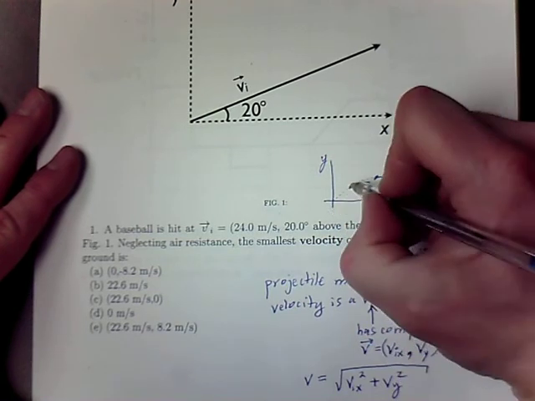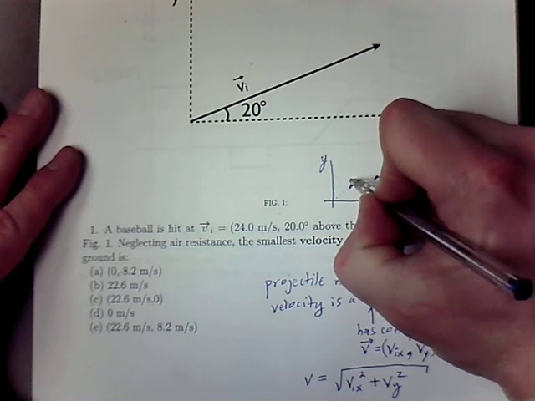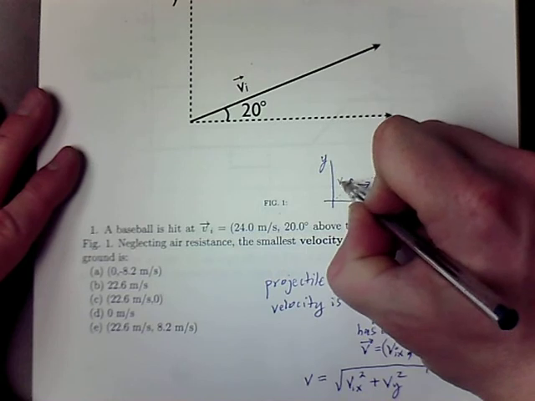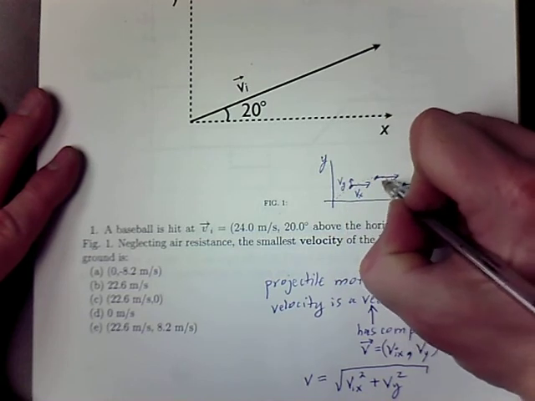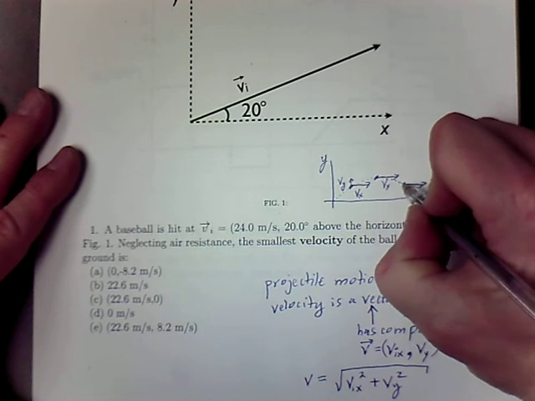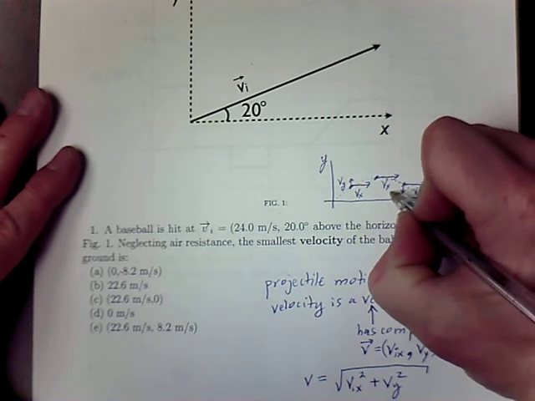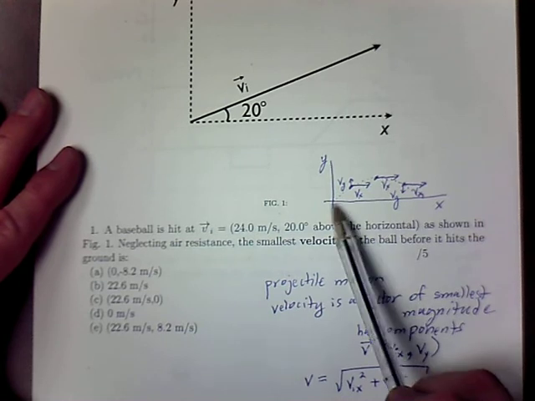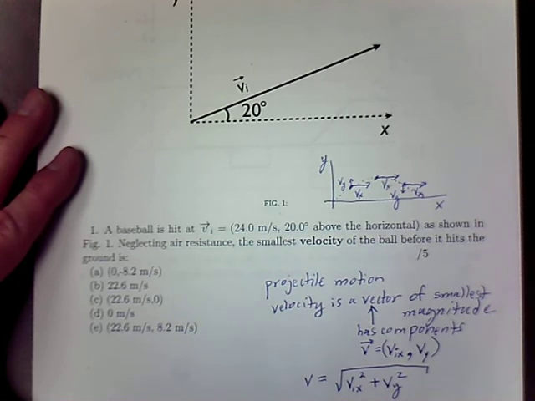But on the way up, we also have a vertical component of the motion. So here's Vx, Vy, Vx, and on the way down, we also have a vertical component of our motion. So projectile motion gives us this parabola-like shape.